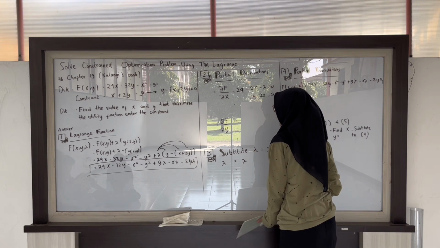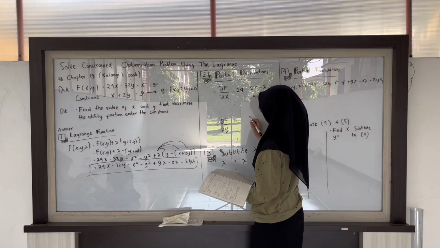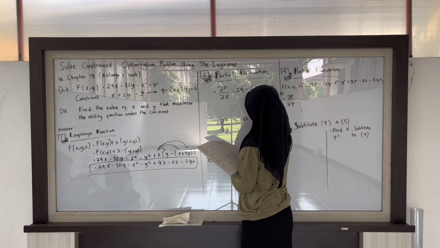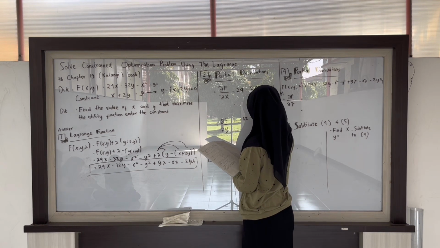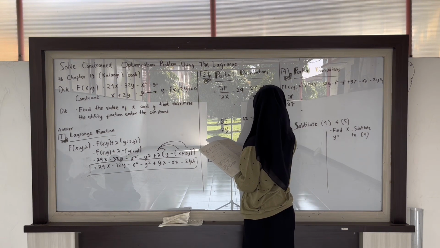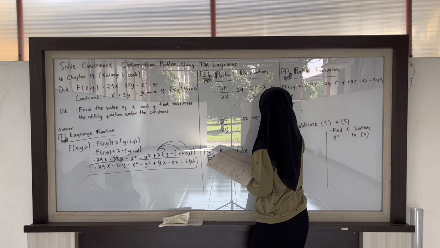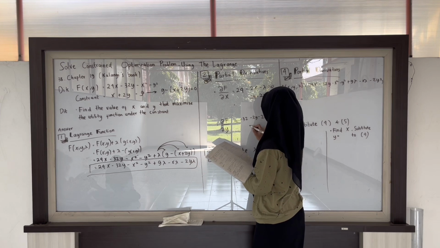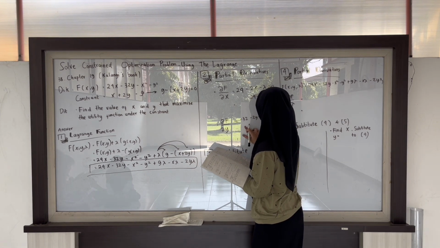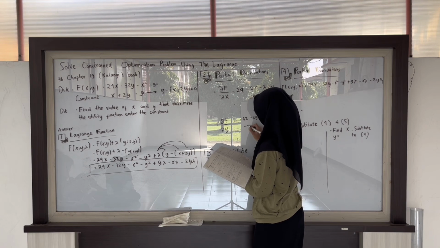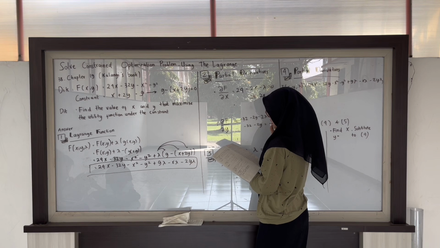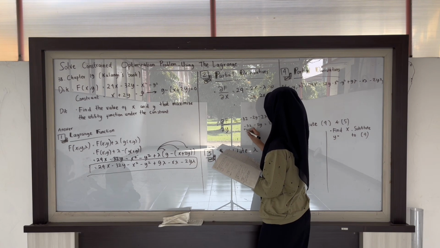And we find the derivative with respect to y. We get minus 32 minus 2y minus 2 lambda equals 0, and we set it to 0, don't forget. So minus 32 minus 2y equals 2 lambda.